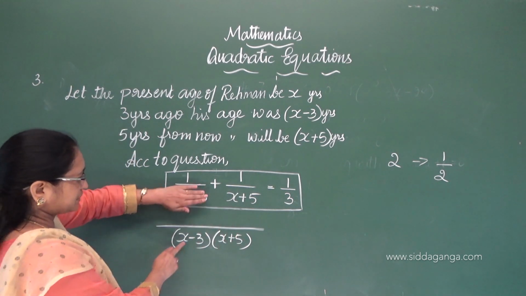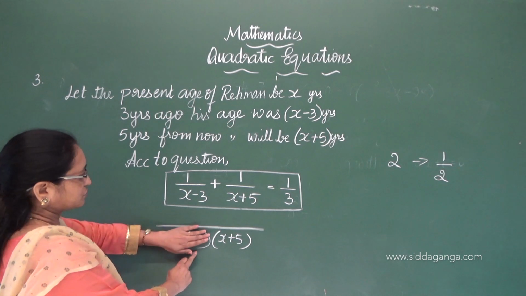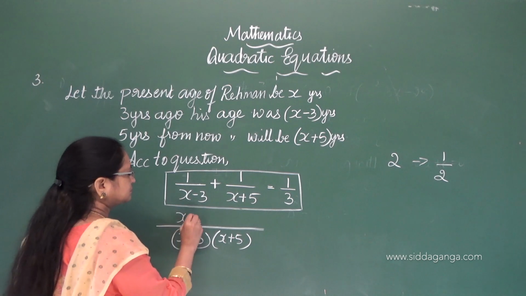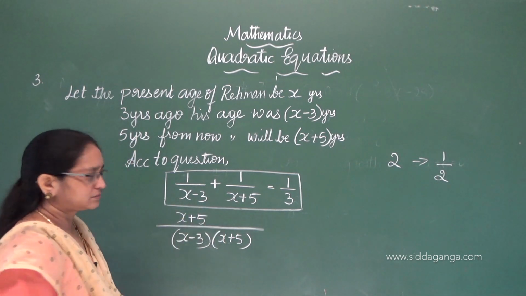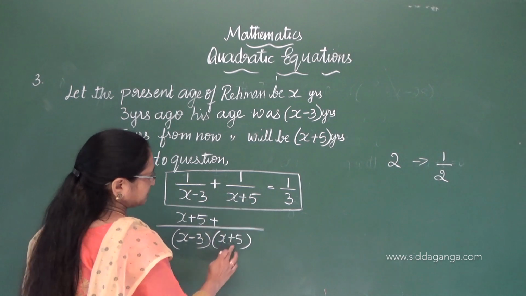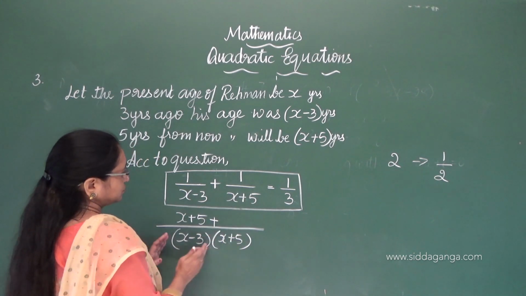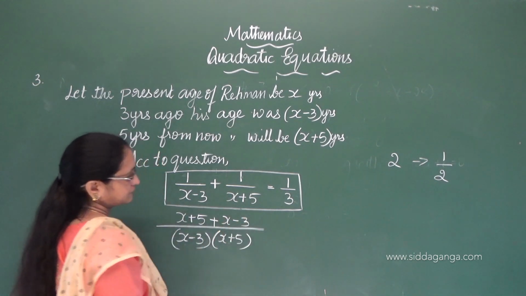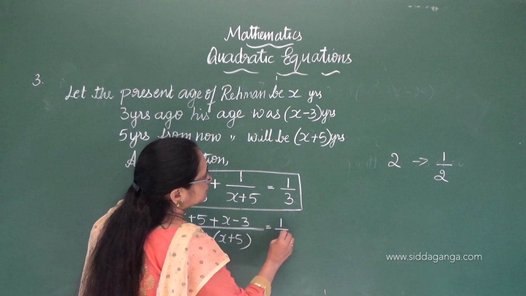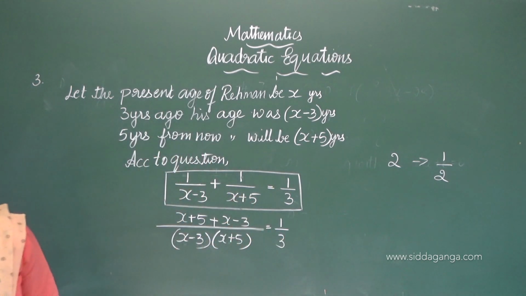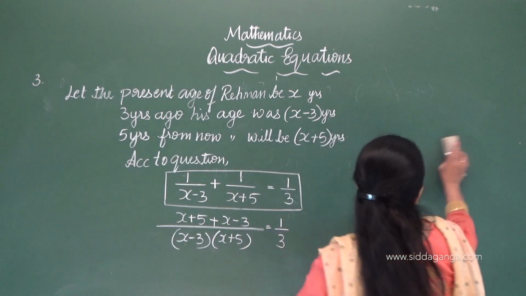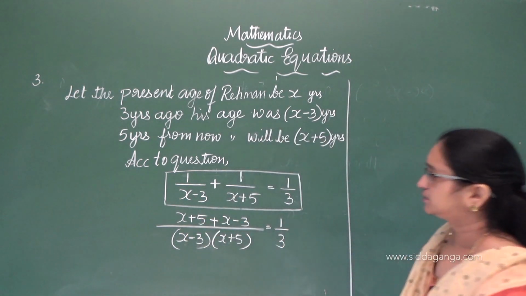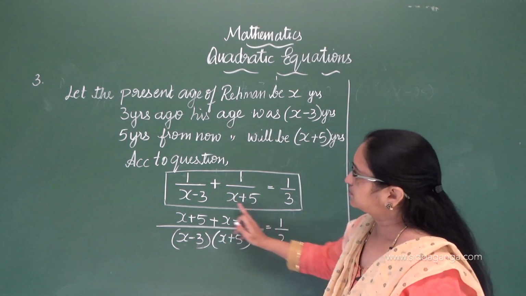See here, x minus 3 is there already, so you have to multiply 1 into x plus 5, plus, now x plus 5 is there, so here 1 into x minus 3, and is equal to 1 by 3. Now I will continue, and you all know you have to simplify this.